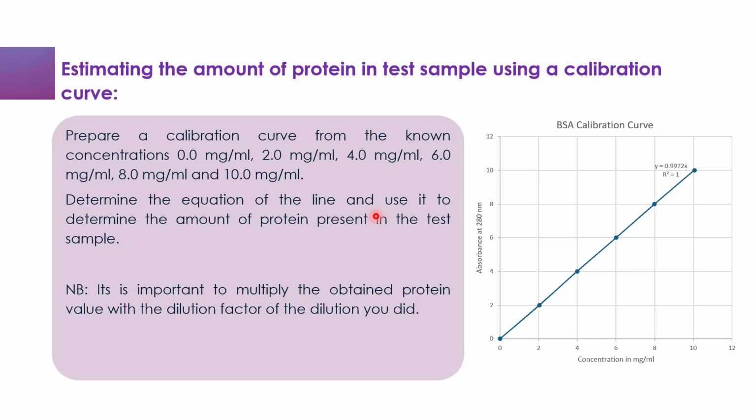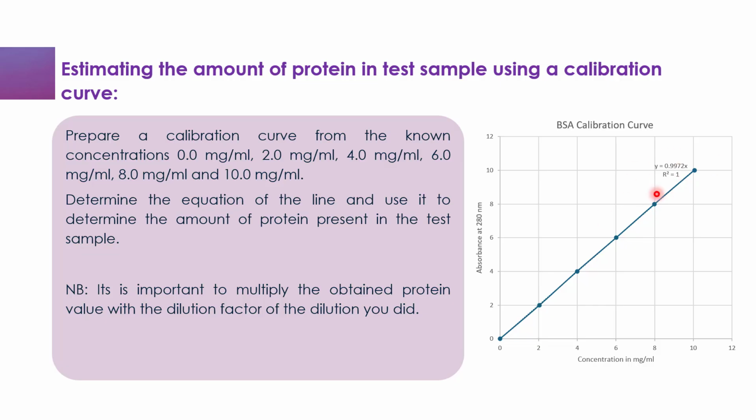On the x-axis, we can see the concentrations of the known proteins, and their absorbances are seen on the y-axis. Once we are done plotting the calibration curve, we determine the equation of the line and use it to determine the amount of protein present in the test sample.